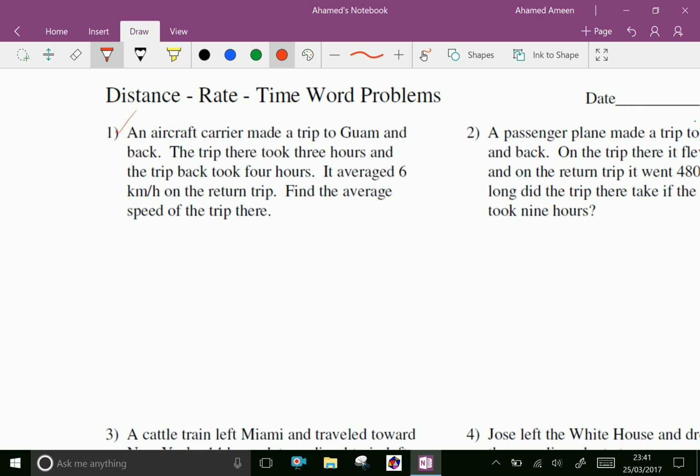Time on onward trip equal 3 hours. Return trip, time for return trip, 4 hours.